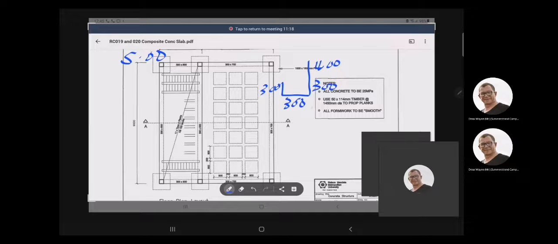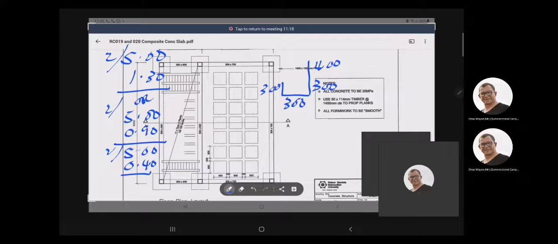And that gives me in total a girth of 1.3, and I have two of those. Or I could go on and say 300 plus 300 plus 300 gives me 0.9. And then I will, of course, have to add in 0.4 for the edge of my slab.